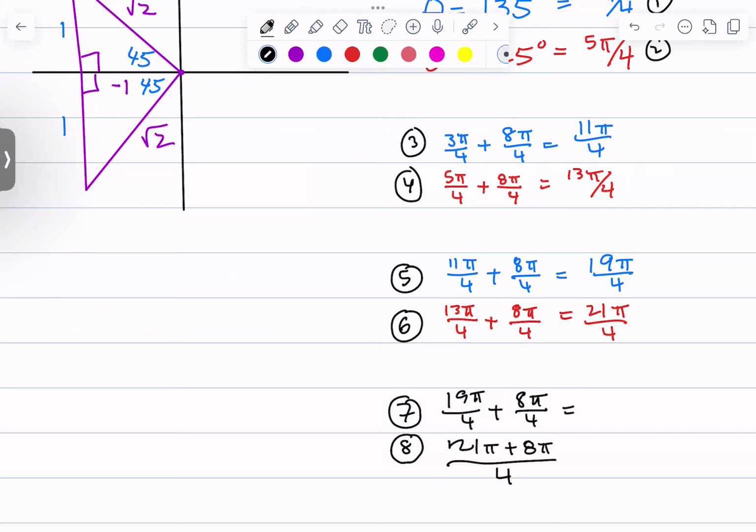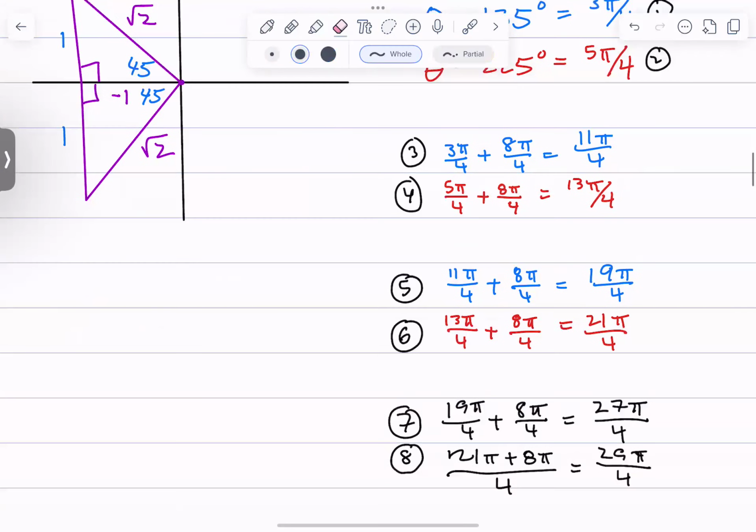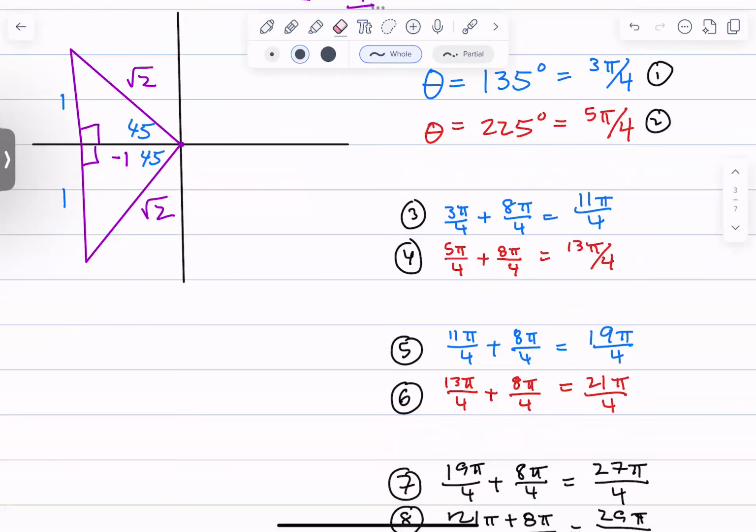That is 27 pi over 4. This one is 29 pi over 4. That's my 8, right?